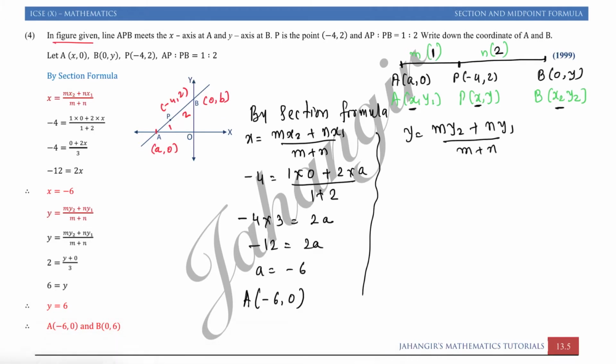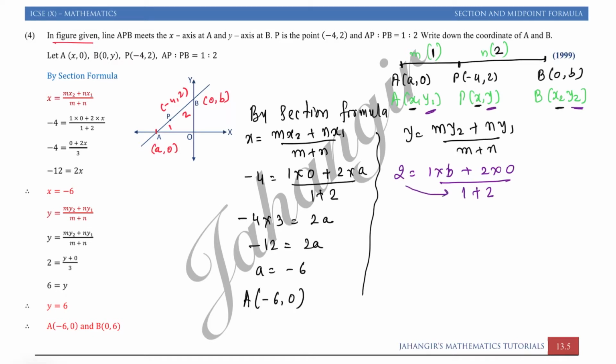Now we will do y. As we see y, y1, y2. So y is 2, that is equal to m's value is 1, y2 is y, that I have to write as b. This is b plus n2 into 0 upon m plus n, that is 1 plus 2.